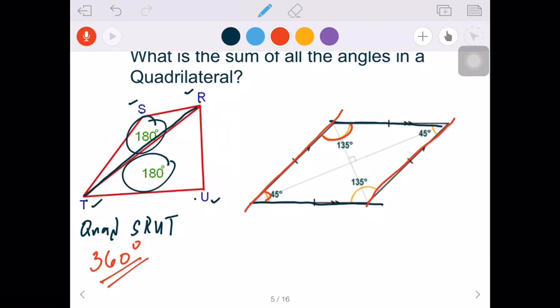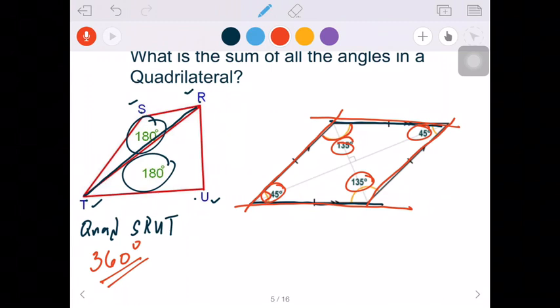And for these two lines to be parallel, these angles should add up to 180 degrees, or they should be supplementary. Also, on this side, 45 and 135 should be equal to 180 degrees, because same thing, they are same side interior. Same can be said about this side here.